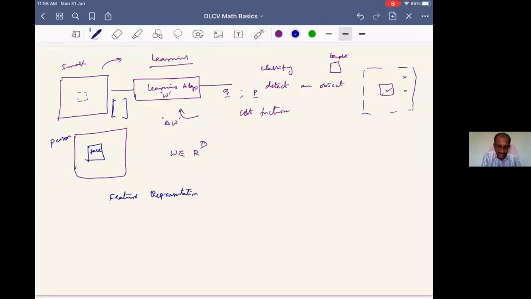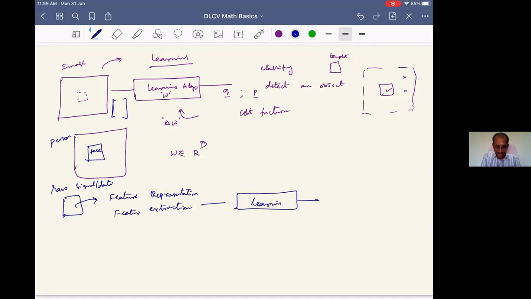How do I get from the raw signal or raw data to features, to have effective learning happening? Feature representation or feature extraction also plays an important role, especially in an image.